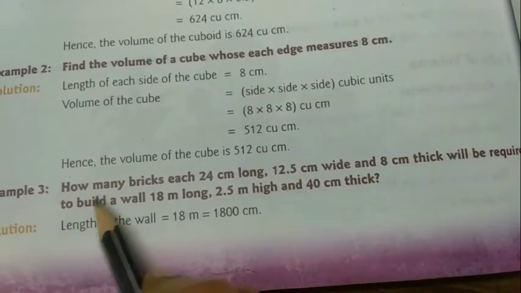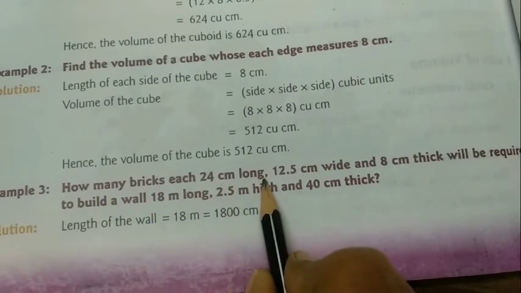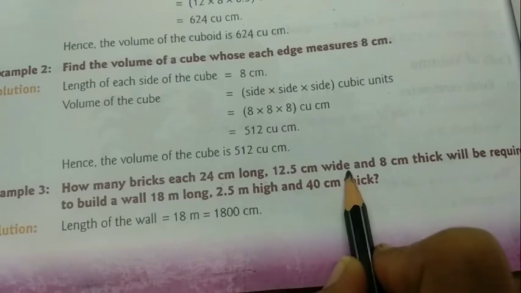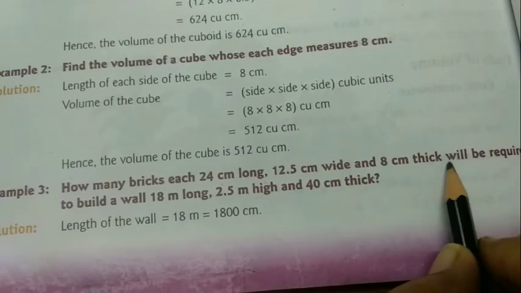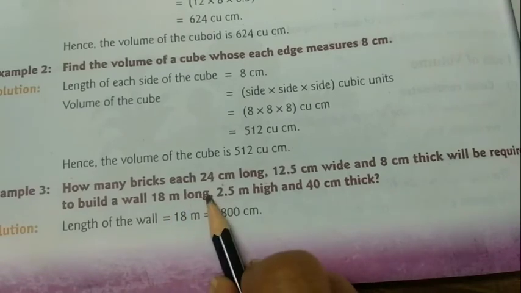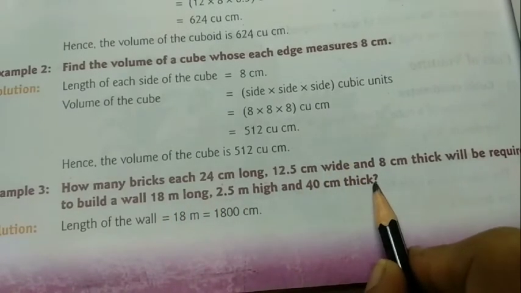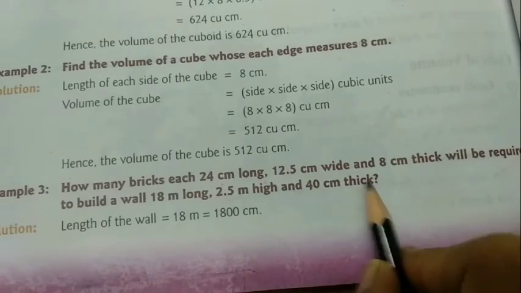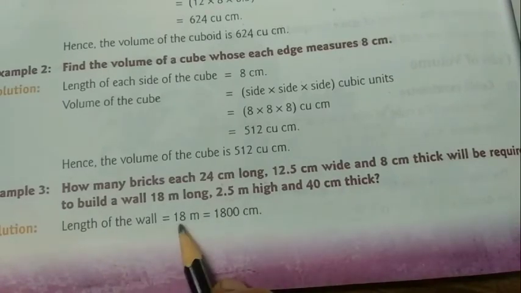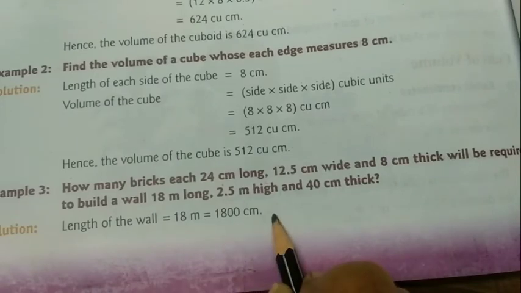Now see example 3. How many bricks, each 24 centimeter long, 12.5 cm wide and 8 cm thick, will be required to build a wall 18 meter long, 2.5 meter high and 40 cm thick? Yes. So length of the wall is equal to 18 meter is equal to 1800 centimeter.